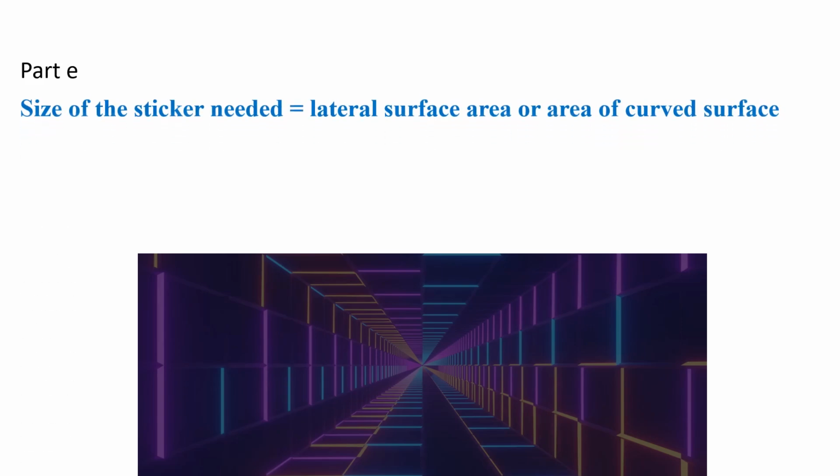Then part E says, find the size of the sticker wrapped around the tank. You have seen different things, like Vaseline, with the stickers wrapped either halfway around the curved surface, or wrapped all round it. So the moment they say find the size of the sticker wrapped round the tin, if it is covering the entire curved surface, then find the area of the curved surface, or lateral surface area.